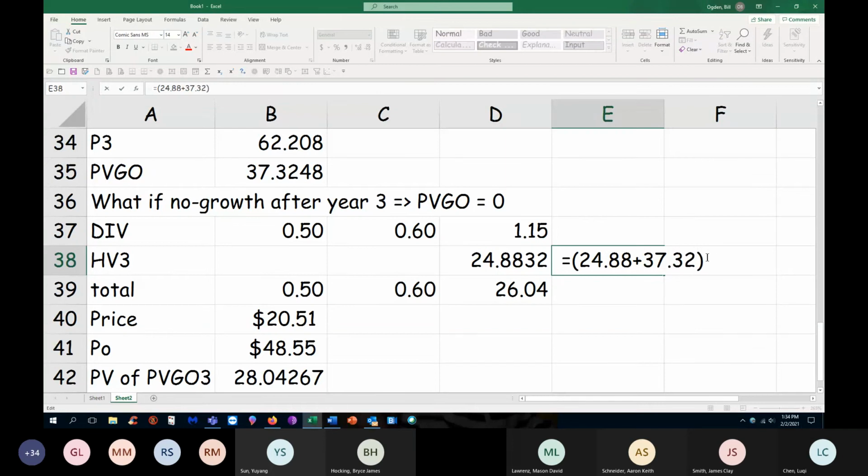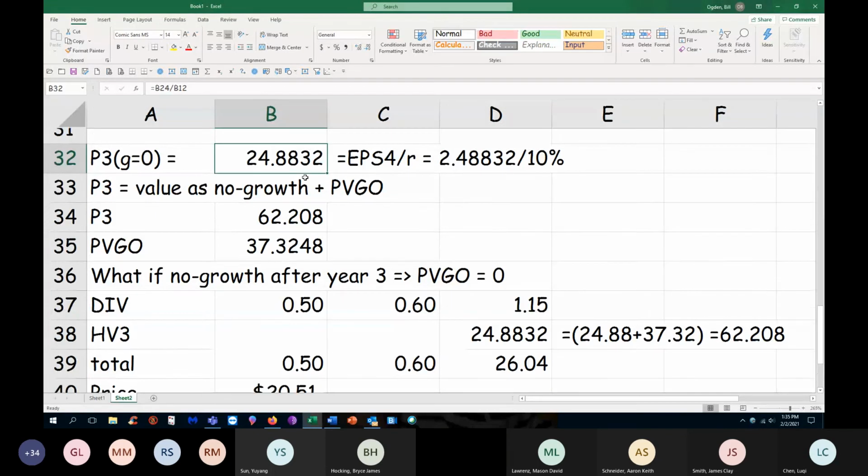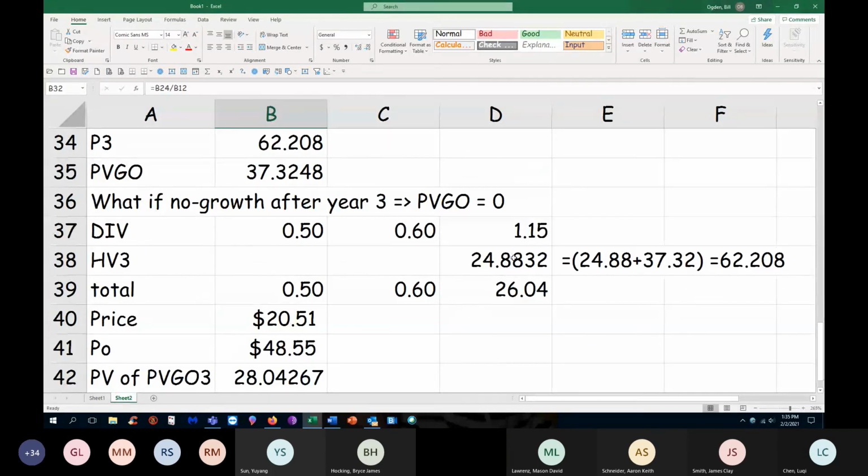And those both together equaled our original horizon value of 62.208, right? Okay, then we re-estimated the horizon value based on no growth, which meant that this PVGO went to zero. So I substitute zero for 37.32. That gives me 24.88, which we knew anyway. That was our P3 with no growth. I added dividend 3 and I discounted these three numbers and I got 20.51.